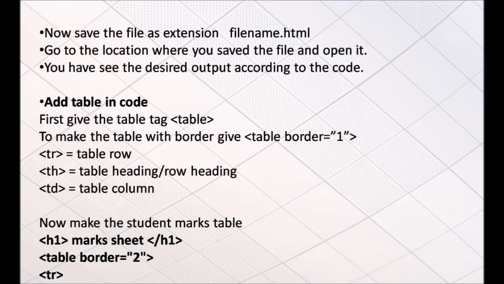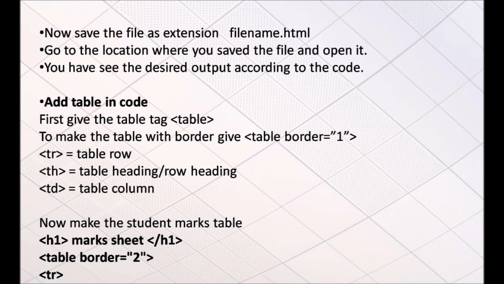Then tr means table row, th means table heading or row heading, td means table column. Now make the students marks table. As an example, here I am using h1 heading as mark sheet.